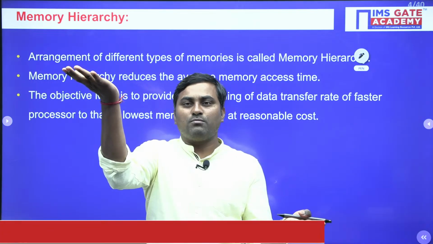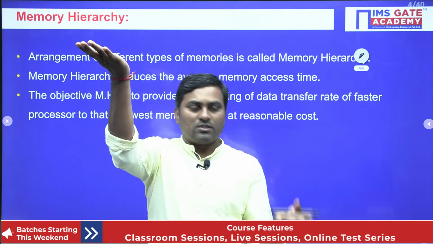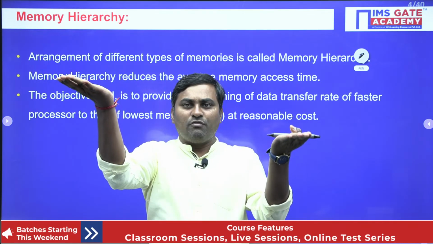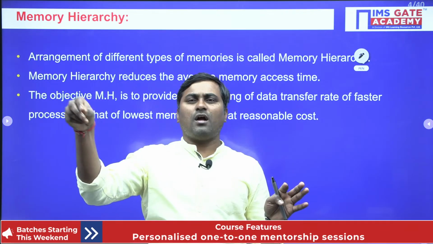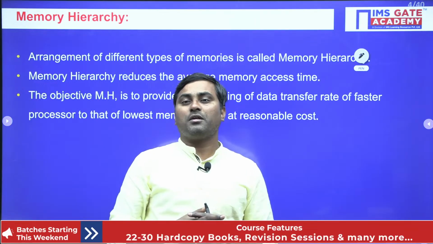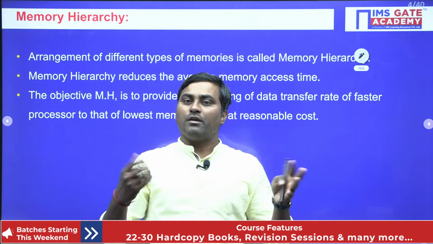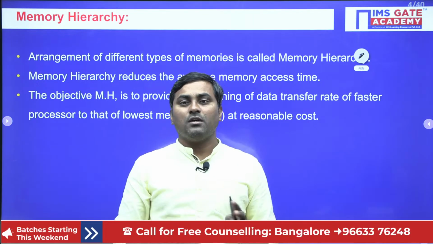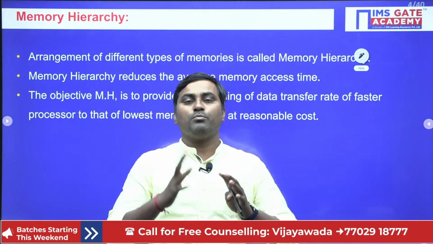In terms of data transmission speed, there is a large gap between the CPU and the secondary memory. So we have to compensate for the speed differential between these two components. The moment the processor asks for data, it should be available immediately. This is the major reason to arrange the different memories in a hierarchy. This definitely reduces the average access time of instructions and data. That needs to be understood.